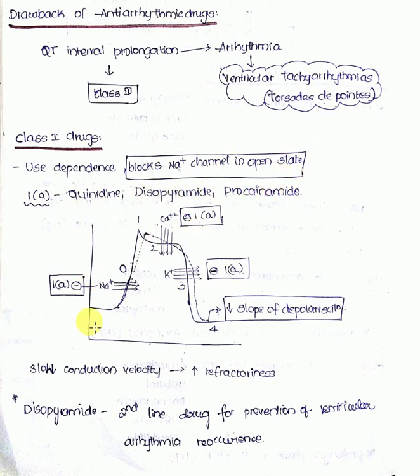Let us consider a depolarization curve. Here is the depolarization where the action potential starts and enters into the sinoatrial node. This node shows fastest depolarization, so the depolarization moves to the positive side, and then slowly the depolarization decreases and enters into the repolarization state.